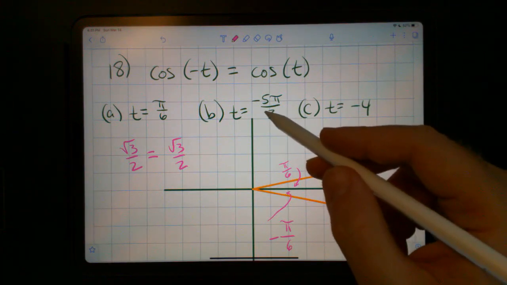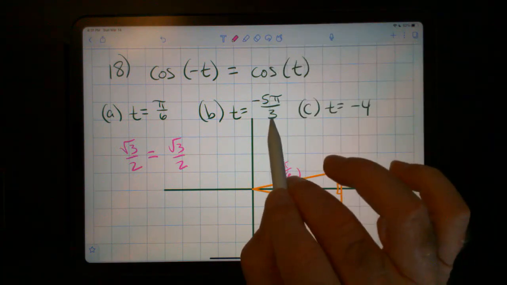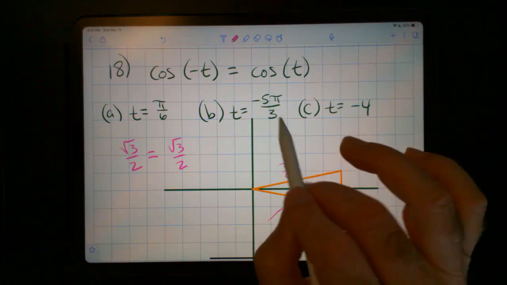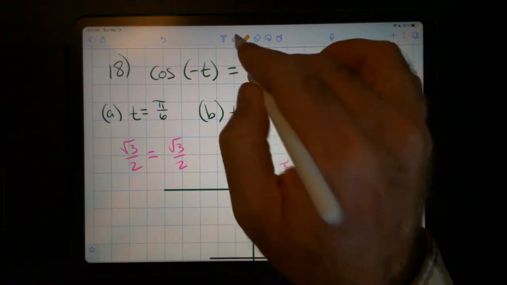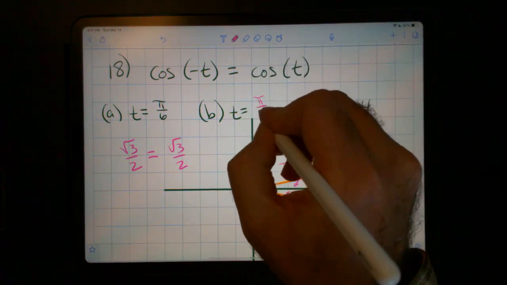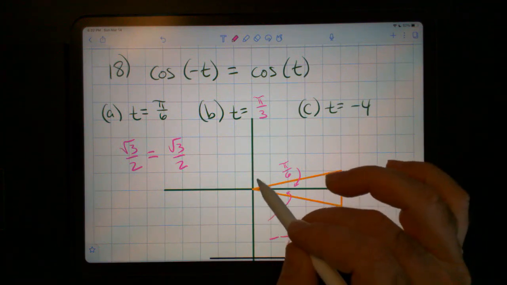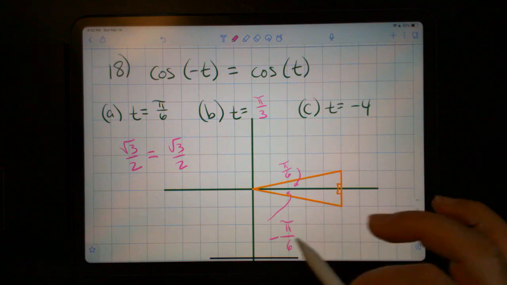Similarly, with the negative 5 pi over 3, if we were to add 6 pi over 3 to this, adding 6 pi over 3 turns this into pi over 3. Okay, pi over 3 is going to be like a 60-degree angle up and down.